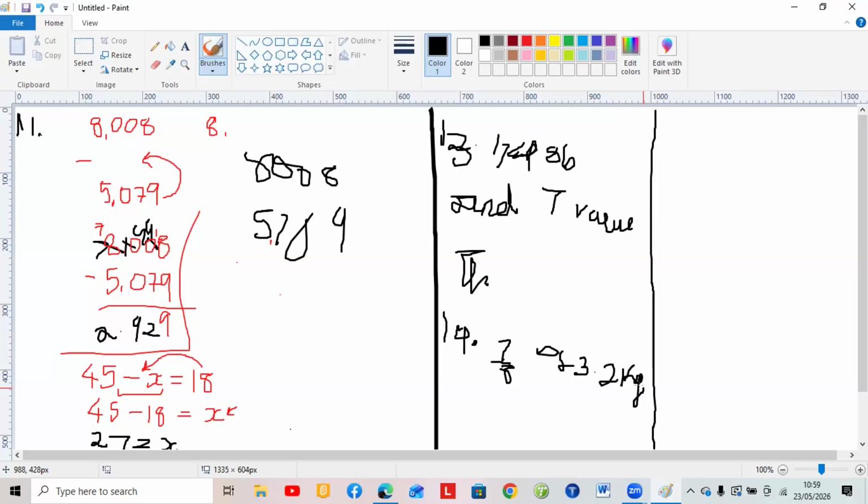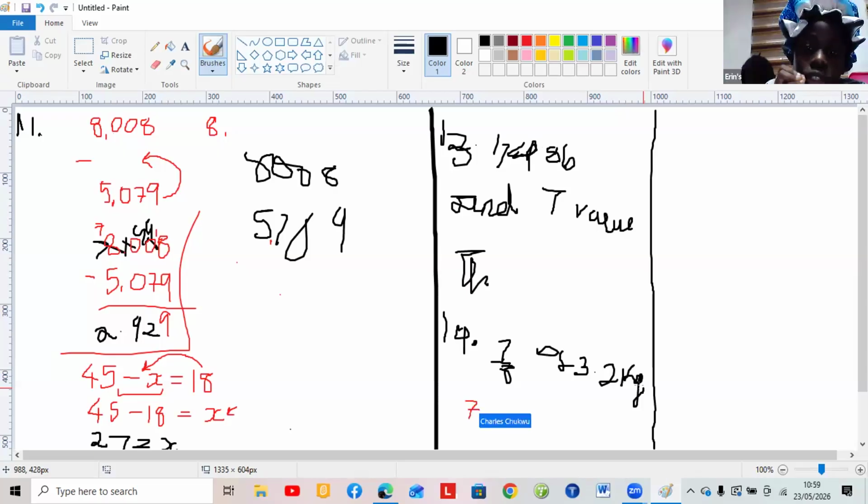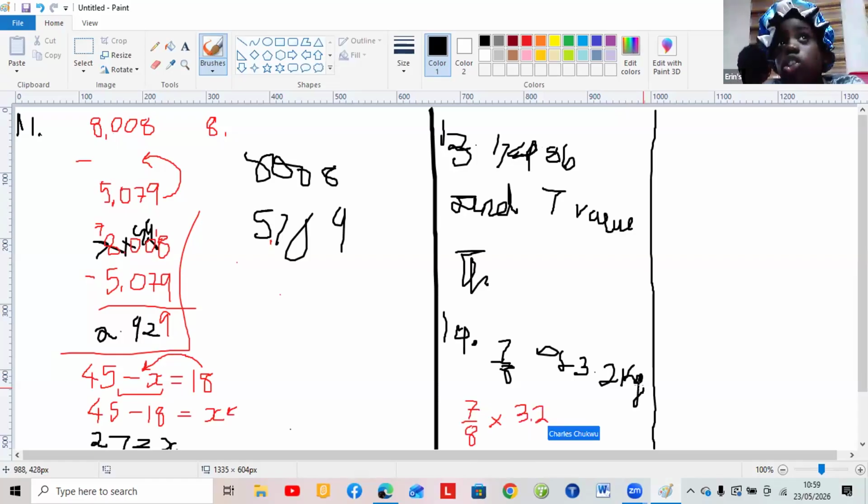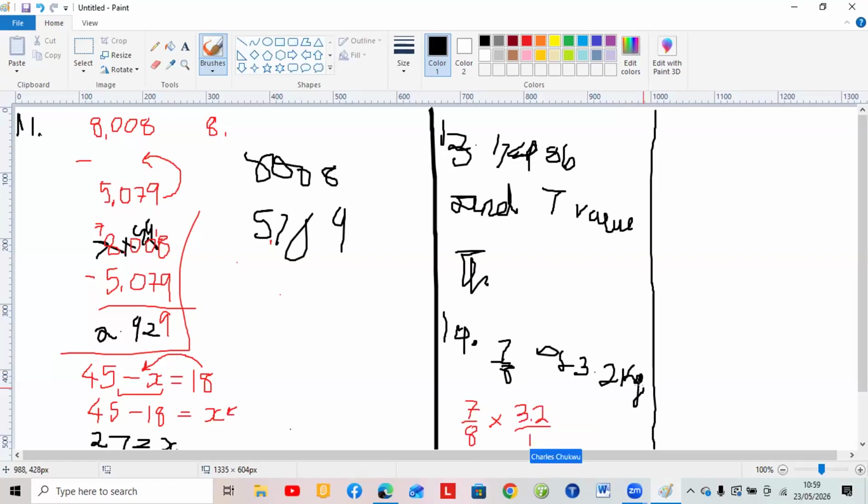Good, that's the interpretation. Then if we do as if the point is invisible, it becomes 8 divided by 32, which is 4. So 8 divided by 3.2 is 0.4.